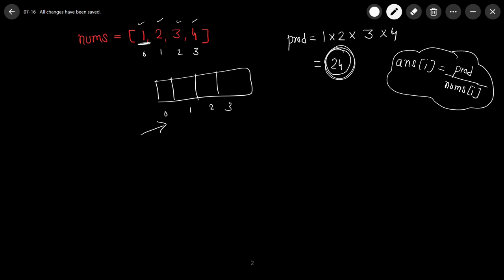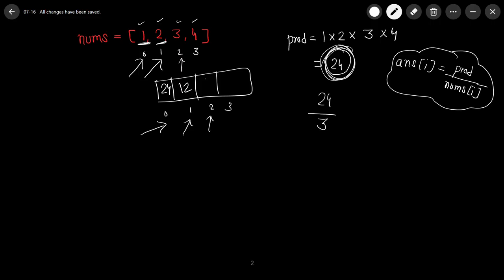So the product of everything is 24 and current is 1. So 24 by 1 is 24. Similarly, answer of 1 would be the product of everything, which is 24, divided by the current element. Current is 2, 24 by 2 is 12. Similarly, answer of 2 is the product of every element, which is 24, divided by the current element, because we want to exclude self.